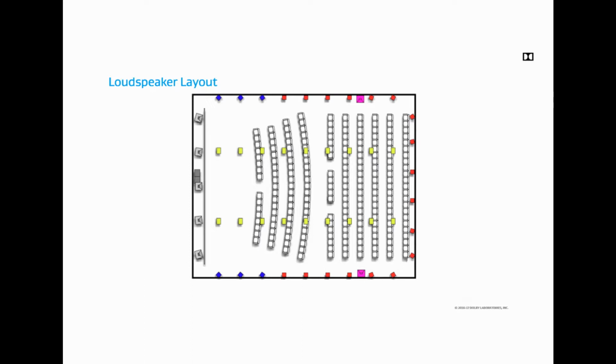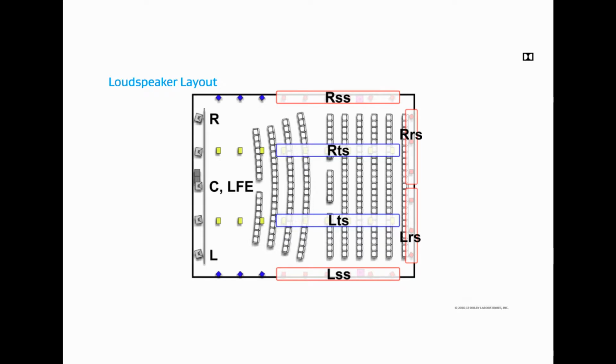And these are the bed channel layouts. When you're creating a mix, you can mix into a stem for individual objects, or you can mix directly into the bed channels. You can see there the RTS and LTS are the top arrays on top of the existing beds.